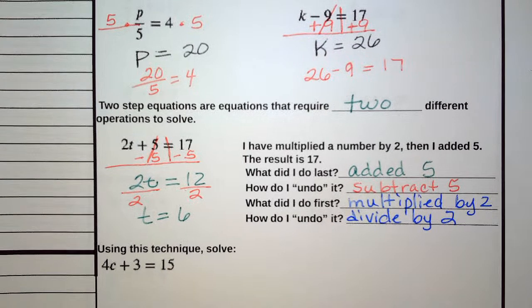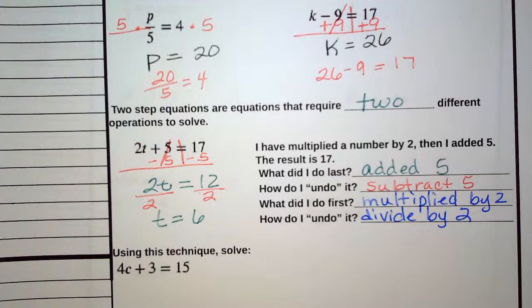So we're going to use this technique to solve the following equations. The first one, take a minute. I'm going to give you a minute to read through the equation. Remember, this is the technique we're using.